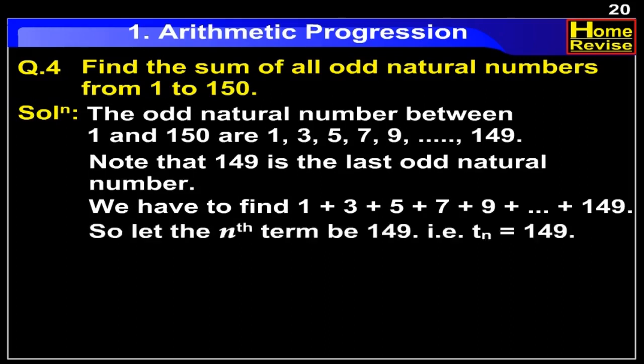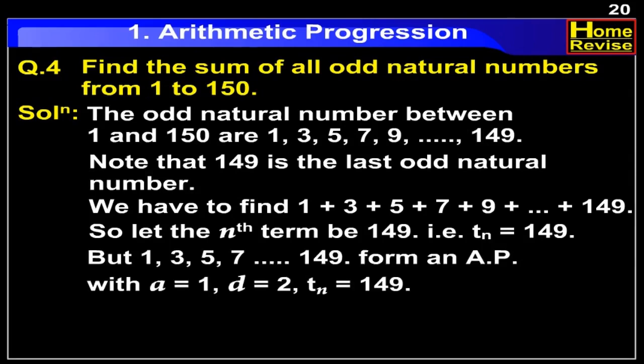So let the nth term be 149. That is, Tn is equal to 149. But 1, 3, 5, 7 and so on up to 149 forms an arithmetic progression with A equal to 1, D equal to 2 and Tn equal to 149.